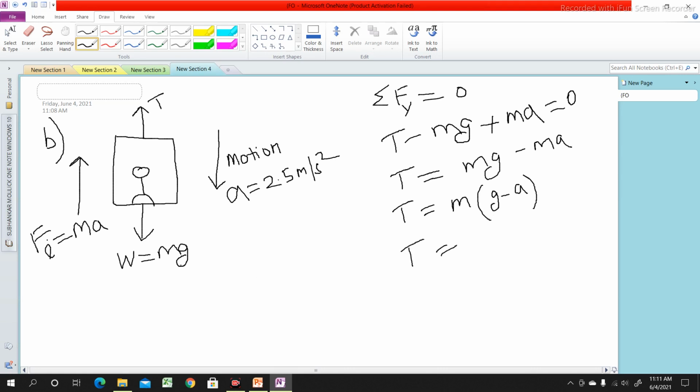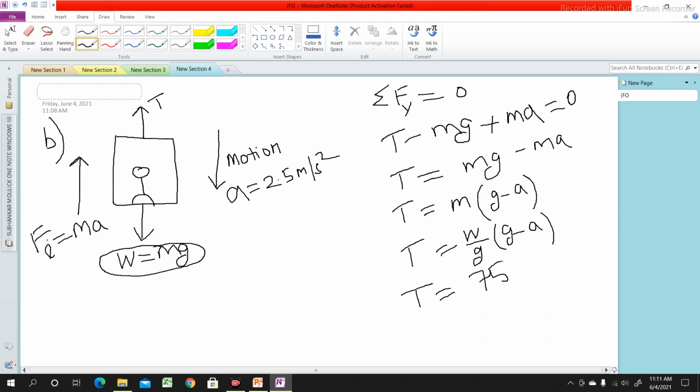Or I can write T is equal to m. What can I write for m from this equation? I can write m is equal to W by g. So substitute m by W by g in bracket g minus a. W given in the problem is 750 Newton.